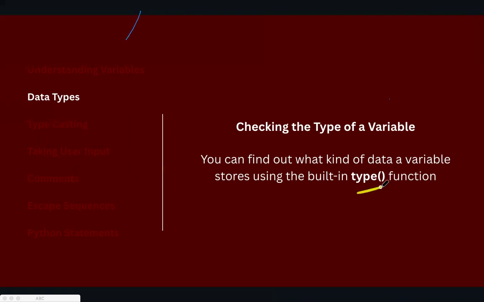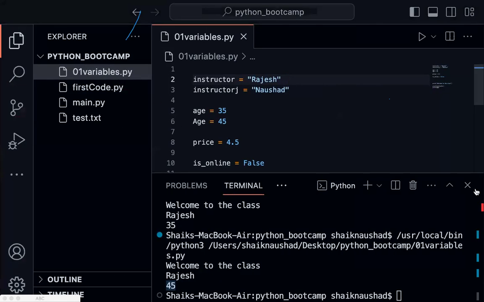So this is another function that we are going to learn today. Till now, we were using one function, that was the print function, and now we will be learning another function called the type function. The purpose of this type function is that it will tell us what data type the variable is.